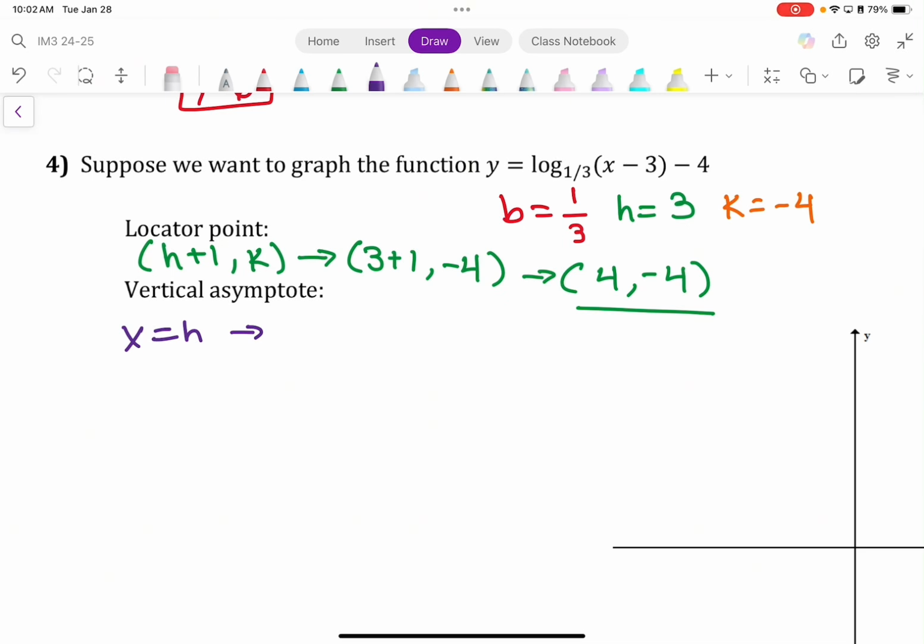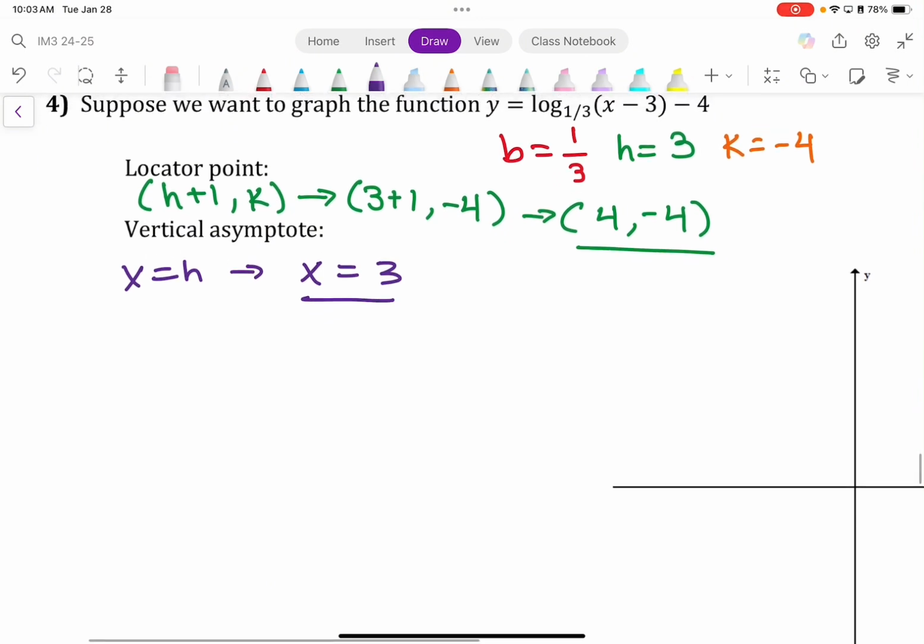Finally, since the vertical asymptote is x equals h, then it is simply x equals 3. That's my vertical asymptote. Okay, we're like 75% done. I'm very sure. We just need to find the second point. All right, pay attention. It's going to go by quick.